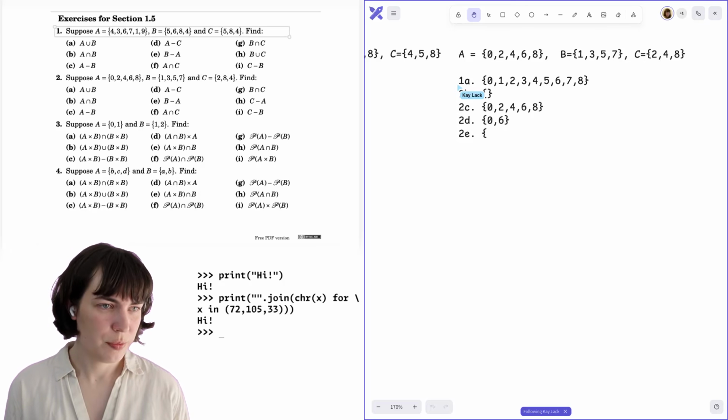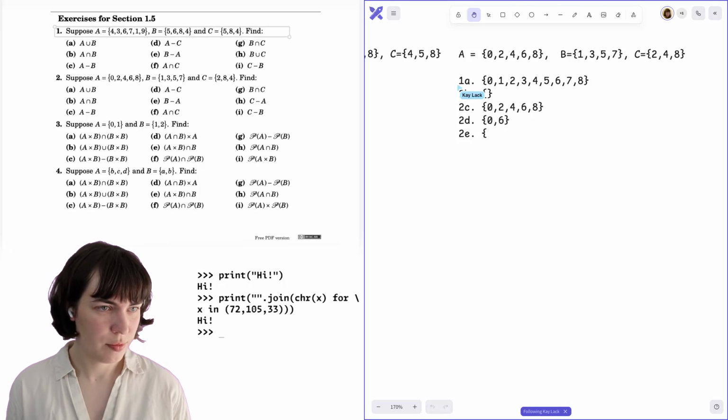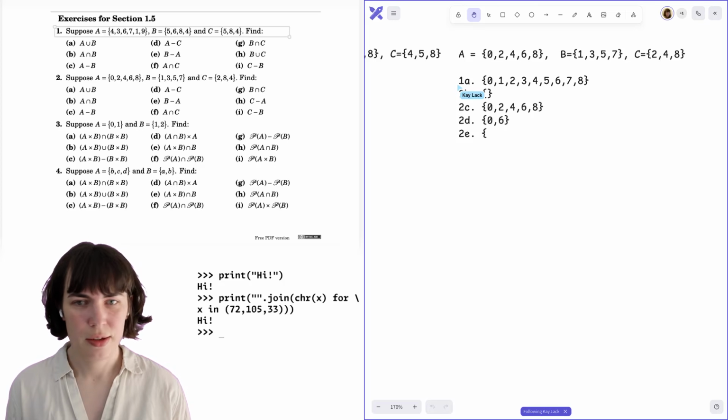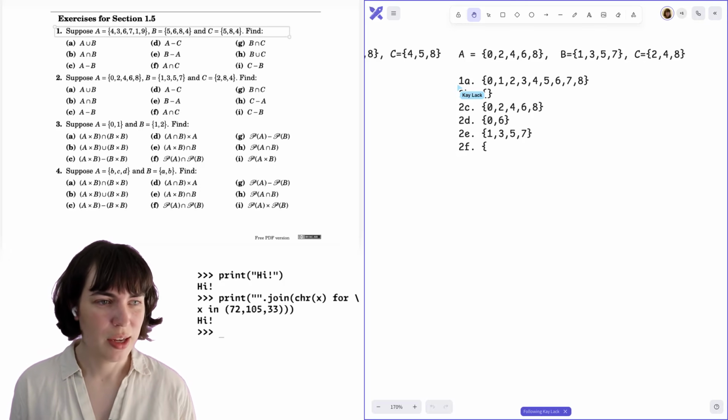2E. Everything that's in B, which is not in A, so that's just going to be the same because there's no odd powers of 2. I hope my heuristics are actually correct and I've not missed something.